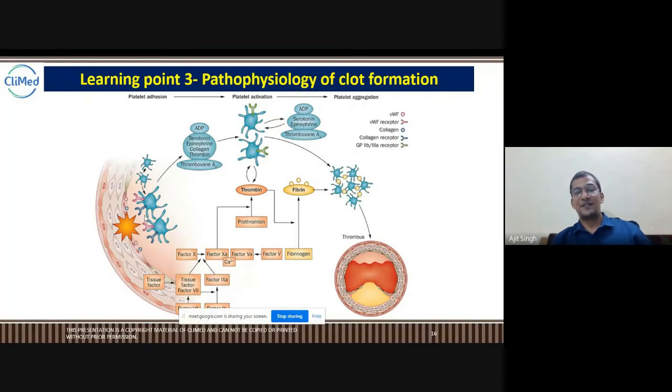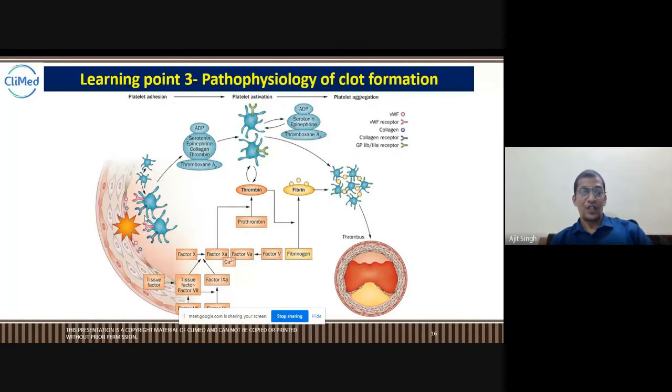Serotonin, epinephrine, collagen, thrombin, thromboxane A2 secretion has started. ATP has been converted into ADP. And then these platelets are activated. When these platelets are activated, they will call other platelets to get attached. That is one cycle.